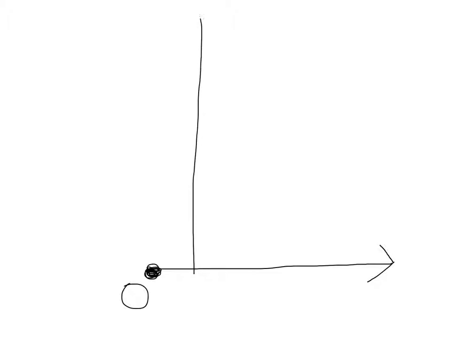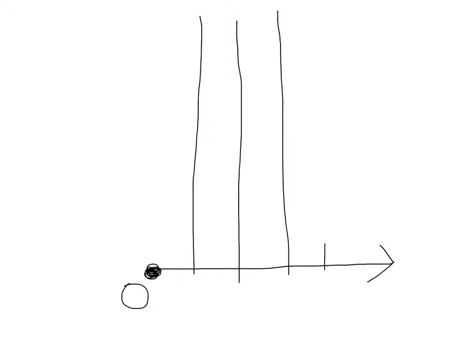So we're going to go back and draw our graph in here. And I know that my beginning point is going to be 0 because we said we're only working with positive numbers, so everything's going to start at 0 and go forward. And I'm going to draw in some graph lines. So let's put our 1 here, and it's going to go all the way up. 2, 3, 4, and 5.